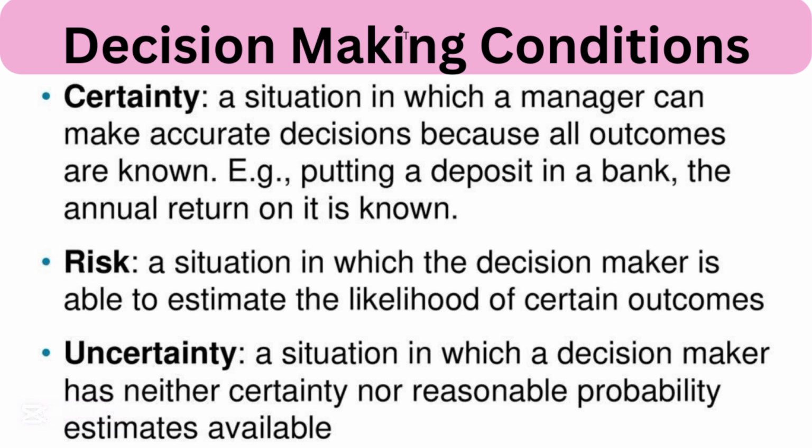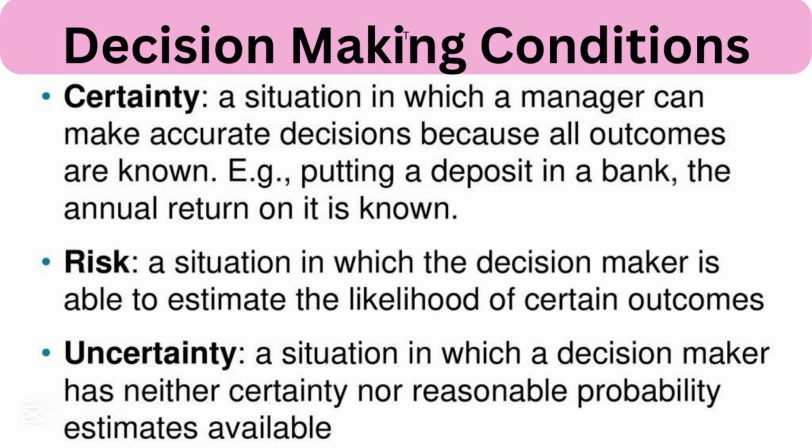Decision-making conditions. Certainty: a situation in which a manager can make accurate decisions because all outcomes are known. For example, putting a deposit in a bank. The annual return on it is known.